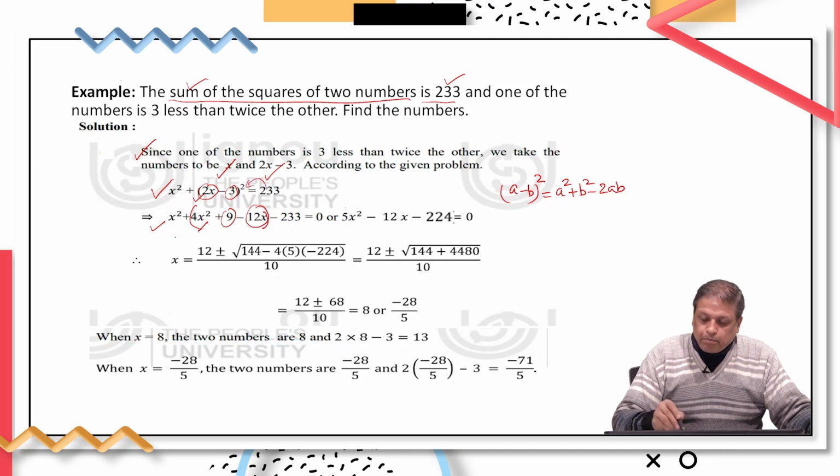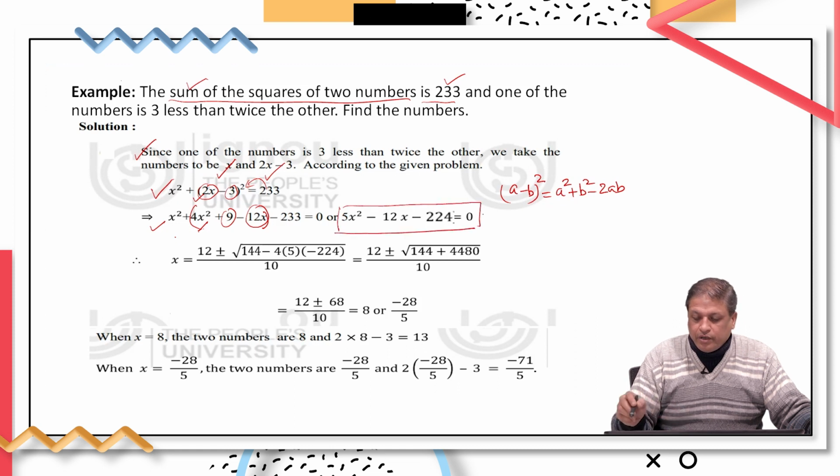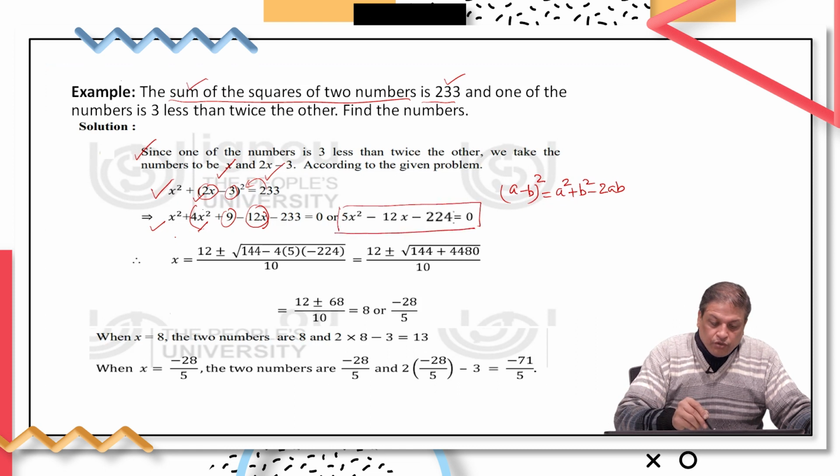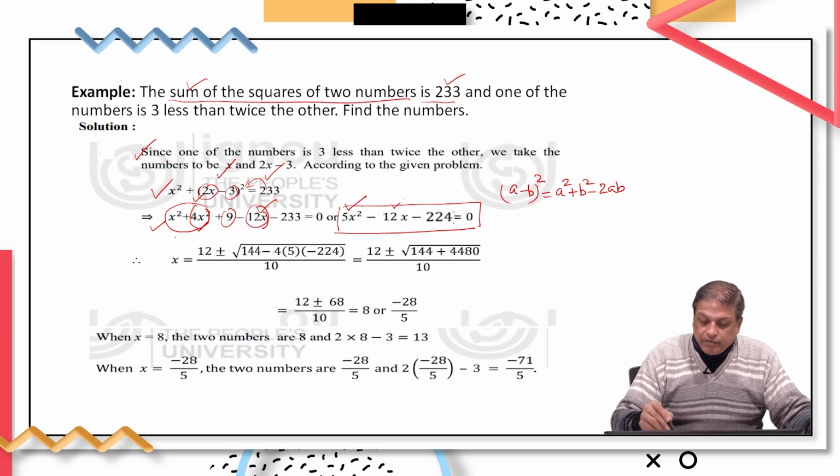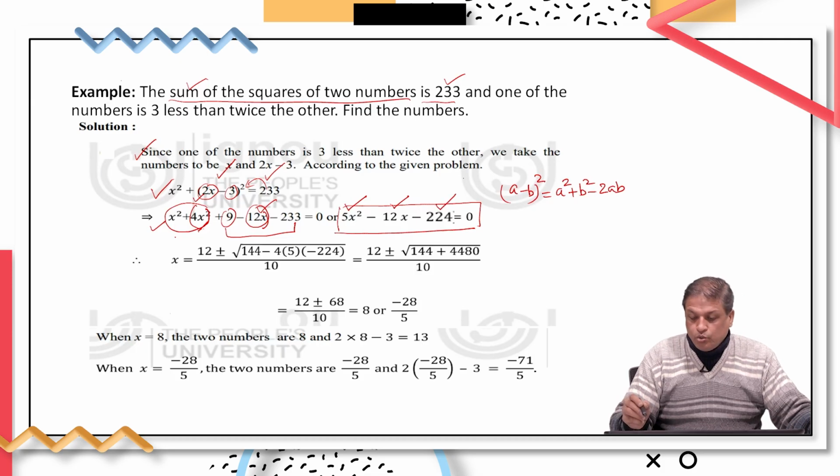So we get a quadratic equation: 5x square minus 12x, because 4x square plus x square turns out to be 5x square, we have 12x as the second term, and 9 minus 233 turns out to be minus 224. Now, this is the quadratic equation.